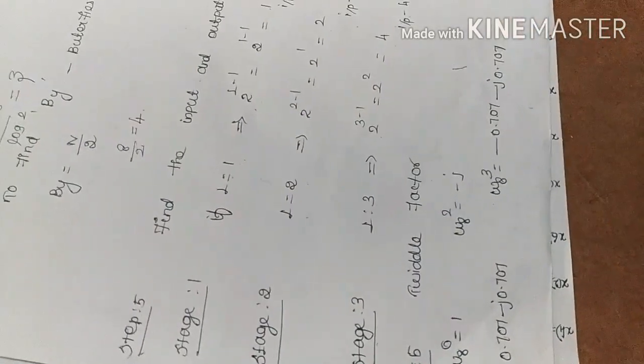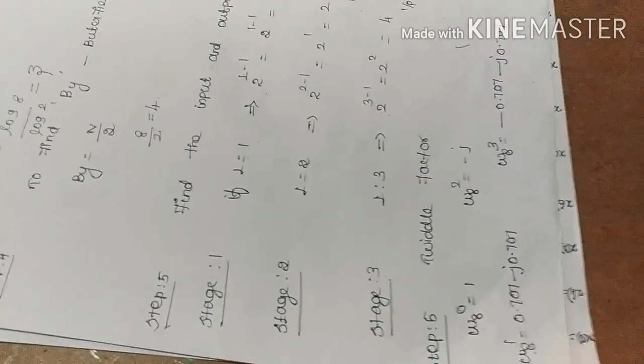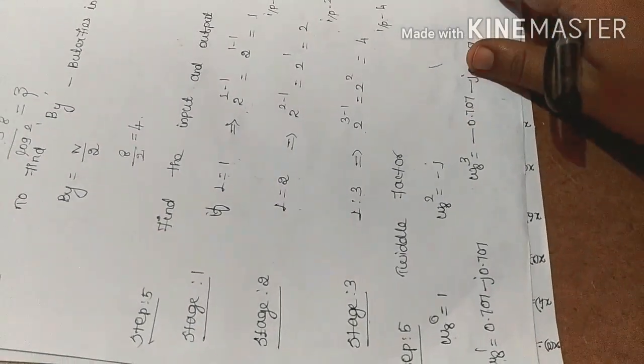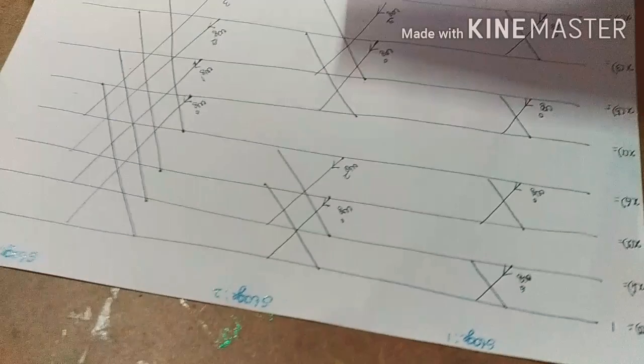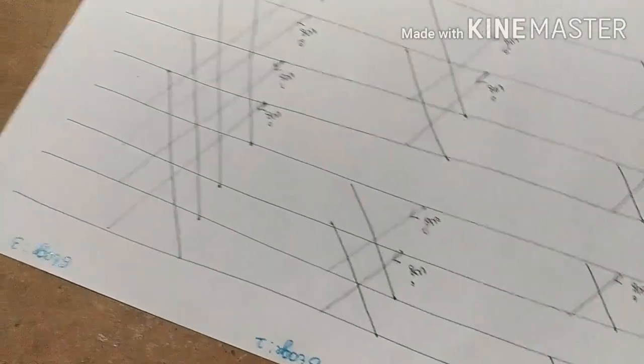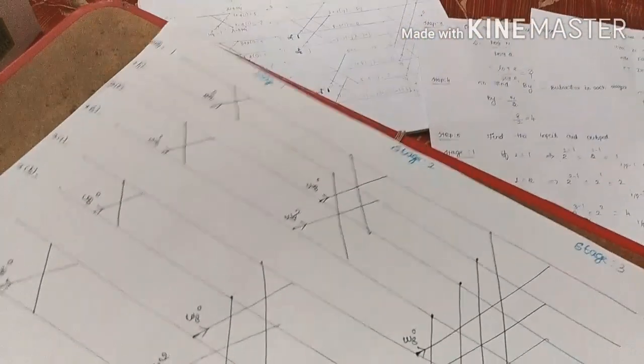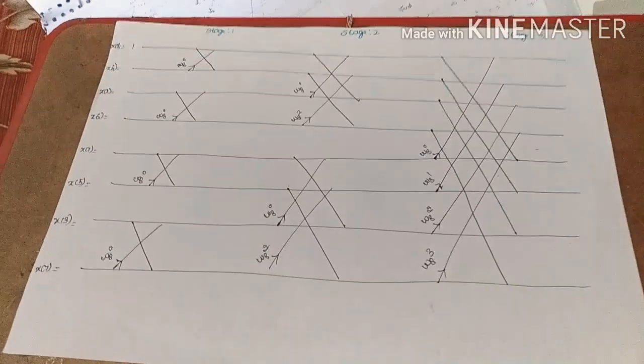Okay, clear? Then finally we draw the butterfly. Butterfly of this diagram. This is very, very important. So this is our butterfly.